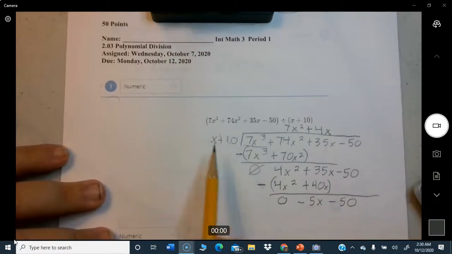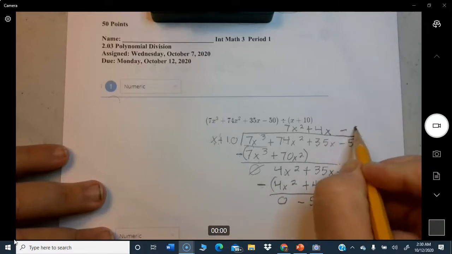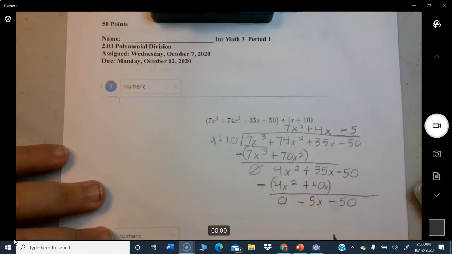Okay, finally, what do you multiply x by to get negative 5x? Well, that has to be negative 5. Negative 5 times x is negative 5x. And negative 5 times 10 gives you negative 50. And again, this goes in a parenthesis with a negative sign out here. So the negative is a positive.